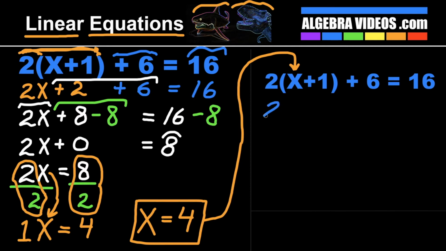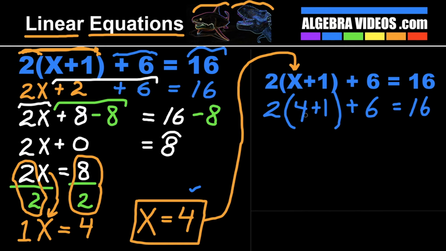So here we go. There's a 2, and then there's the parenthesis. And then instead of x, I'm going to plug in our number of 4. So 4, plugging in for x, plus 1, plus 6 equals 16.